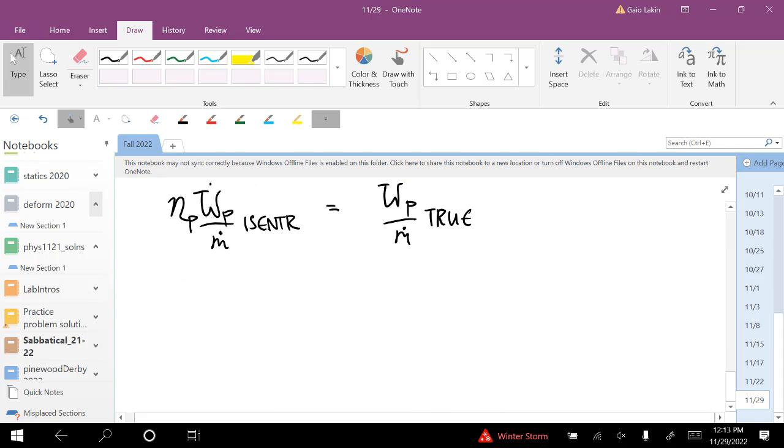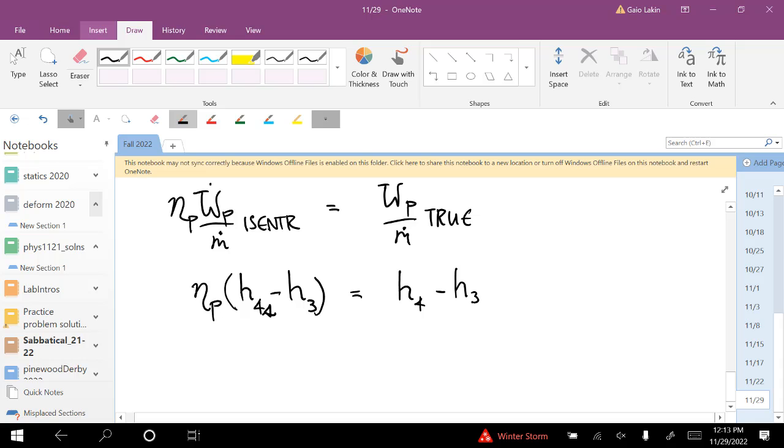And then we can write that in terms of enthalpies as eta pump. We have the isentropic case for the pump. It's going from state 3 to 4, and this would be H4S minus H3, and that's equal to H4 minus H3.